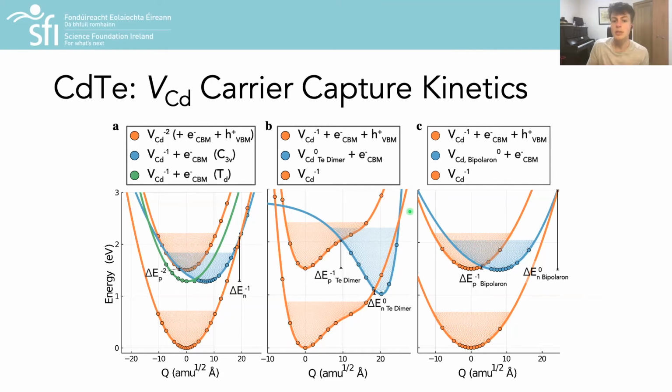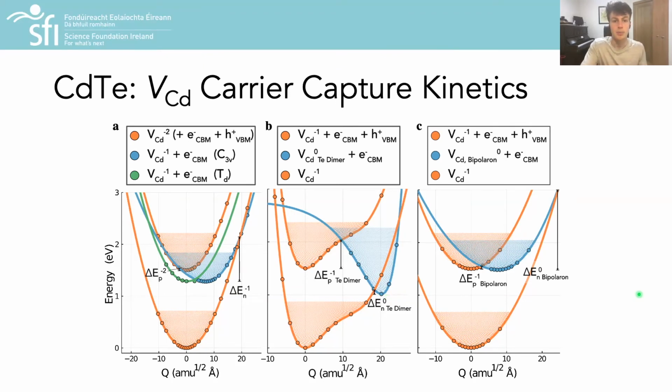So transitioning between the tellurium-tellurium dimer neutral ground state and the -1 charged vacancy, we find a very small energy barrier for electron capture, so delta En here, but a very large barrier for hole capture going in the opposite direction, so from the -1 to the neutral state.